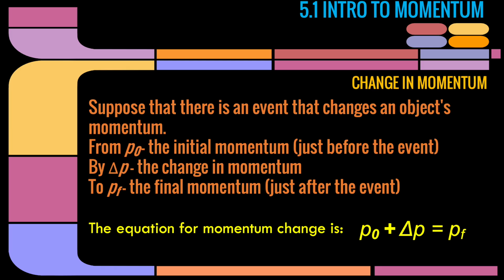And the final momentum is just after the event. So the equation for the change of momentum looks kind of interesting: the initial momentum plus the change is equal to the final. And we can rearrange that in several ways depending on what the question is looking for.